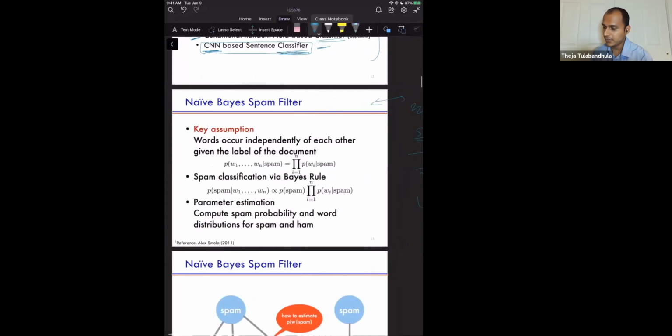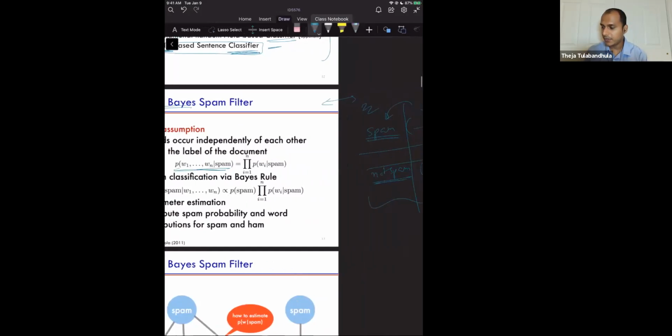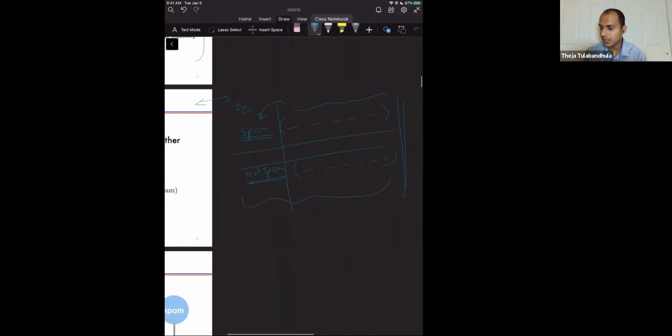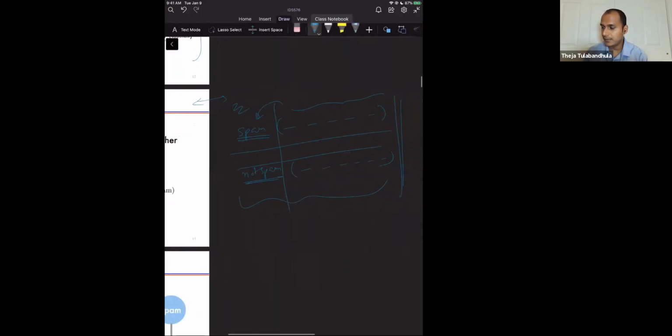So the model has to produce two numbers. Now, in this particular example, the model is going to start with a slightly different question, which is the following. It's going to say, what is the probability of seeing a bunch of words given that it's spam? For simplicity, I'm going to assume that my vocabulary is of size n, say some 50,000 words.